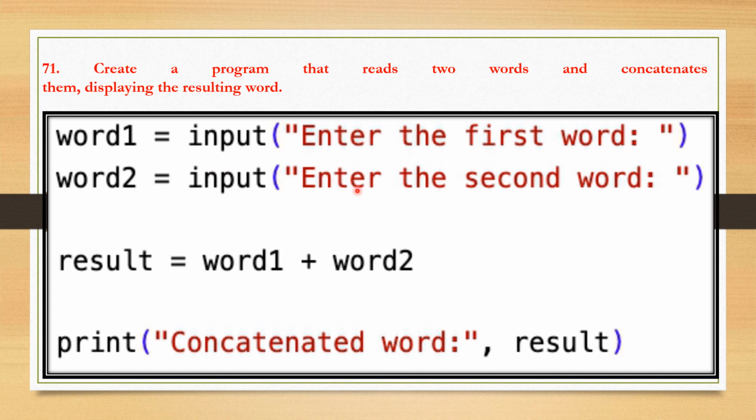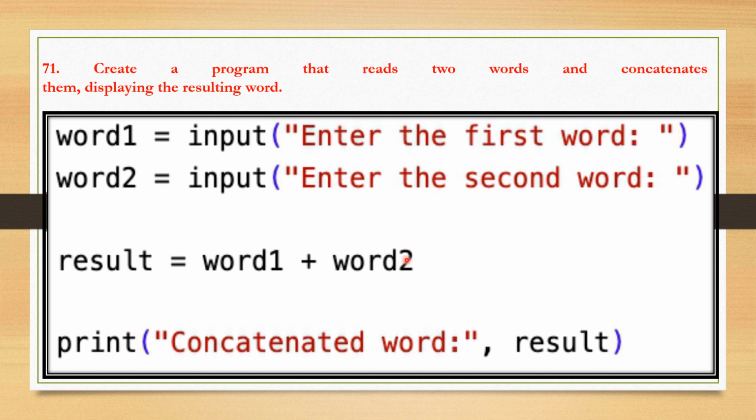Next, the program prompts the user to enter the second word using the input function again. The text "enter the second word" is displayed as a prompt and the user can provide their input, and this entered word is stored in a variable word2. Then the program concatenates the two words together using the plus operator.